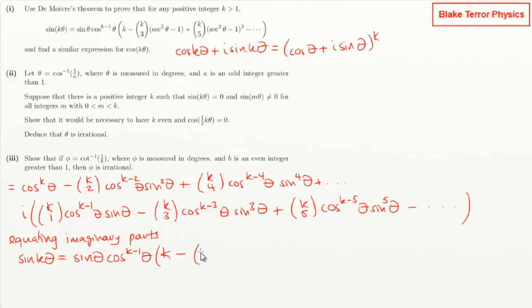Then I've got k choose 3, nearly drew that as a fraction. And then, right, so they've got sec squared minus 1, which is making me think I'm going to want to have a tan squared, which I've got. I've got sine squared over cos squared. So that works. So sine squared theta over cos squared theta, plus k choose 5, so this is going to be sine to the power 4 theta over cos to the power 4 theta, onwards.